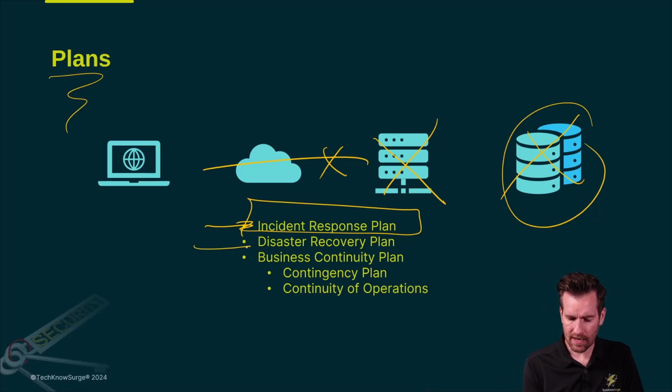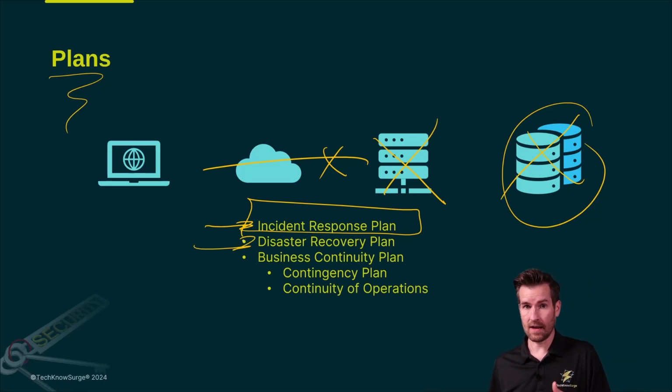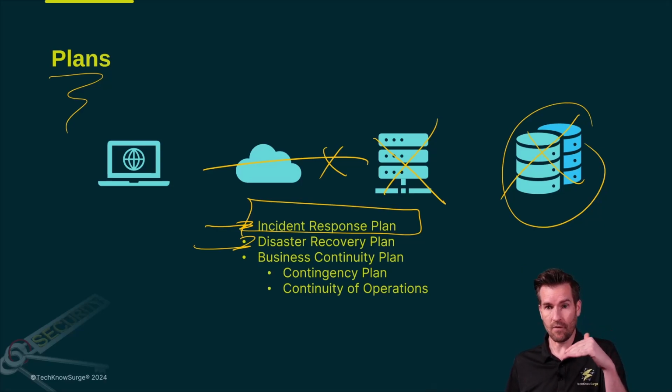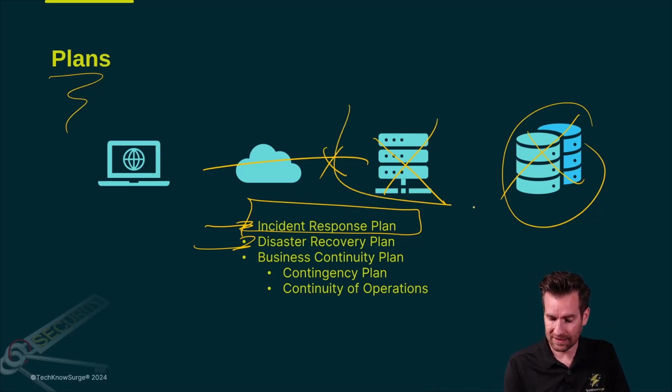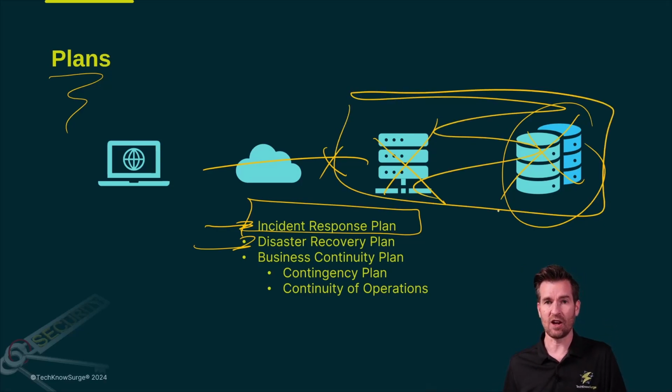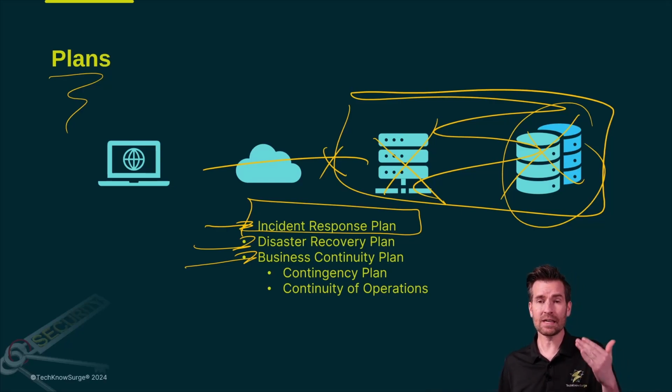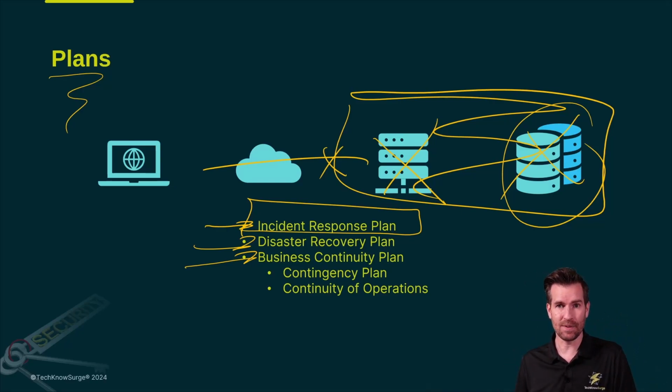A disaster recovery plan takes this to an even bigger level of, okay, well, what if our whole data center goes down? There's an earthquake and all of our data center gets wiped out. What is our plan at that point in time? A business continuity plan takes it from an even broader perspective. How do we continue operating as a business when things go offline?